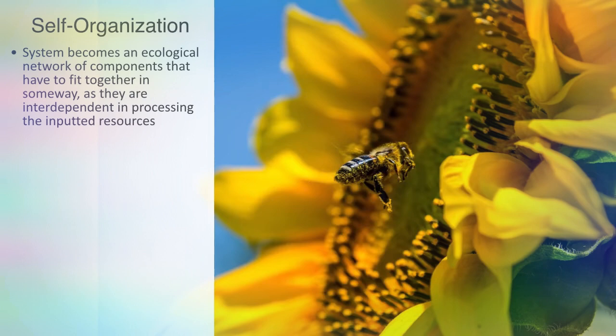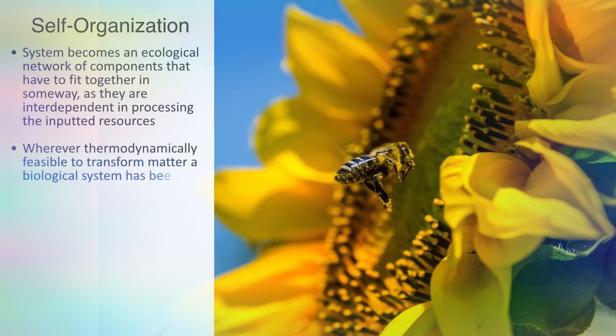From the different cells and organs in our body self-organizing around the collective function required to process resources through the system, to the self-organization of creatures within whole ecosystems as they co-adapt and co-evolve to perform differentiated niche roles with respect to each other. In every ecosystem, abiotic and biotic, plants, animals, and microorganisms fit together functionally. Wherever it was thermodynamically feasible to transform matter, a biological system has been created to do that.